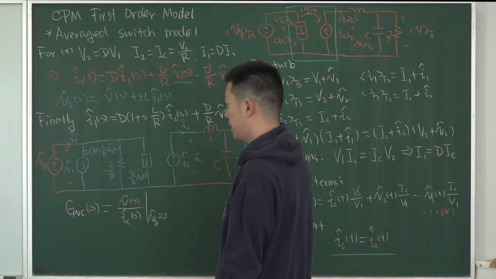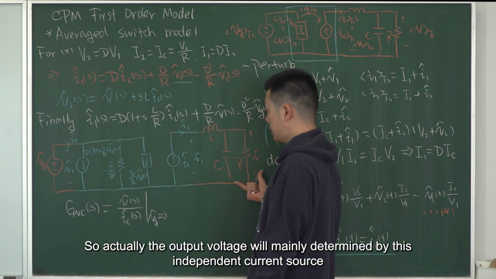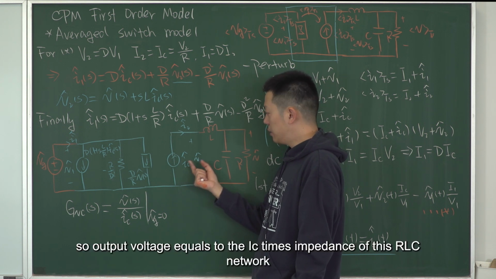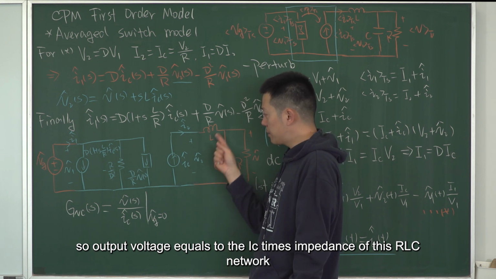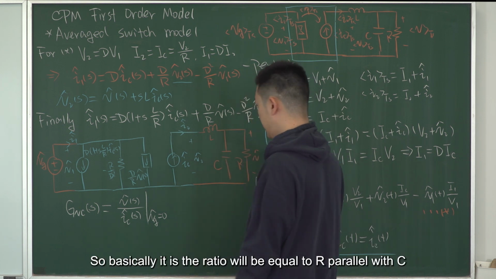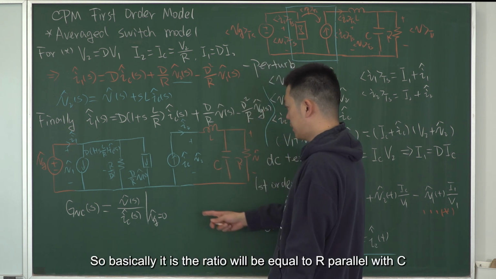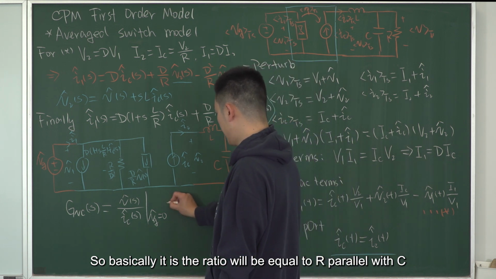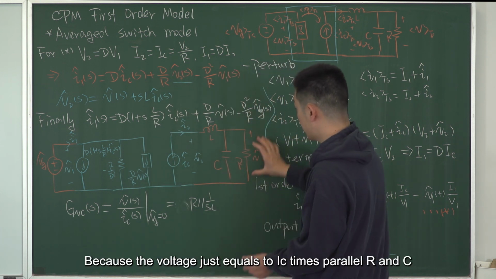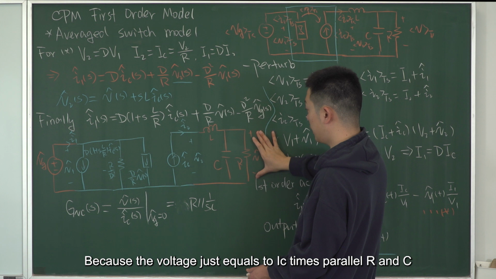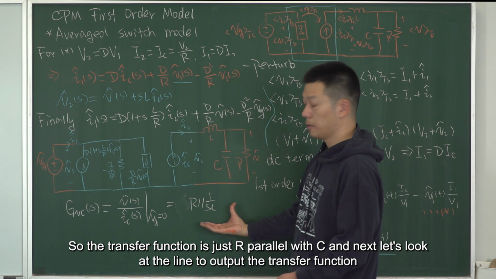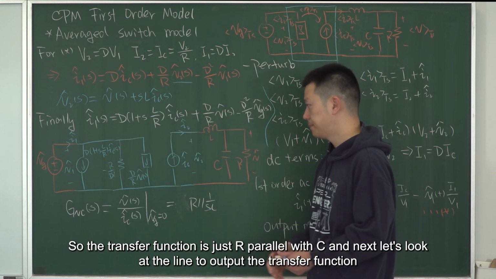So actually, the output voltage will be mainly determined by this independent current source. So output voltage equals IC times the impedance of this RLC network, right? So basically, the ratio will be equal to R parallel with C, because the voltage just equals IC times the parallel of R and C. So the transfer function is just R parallel with C.